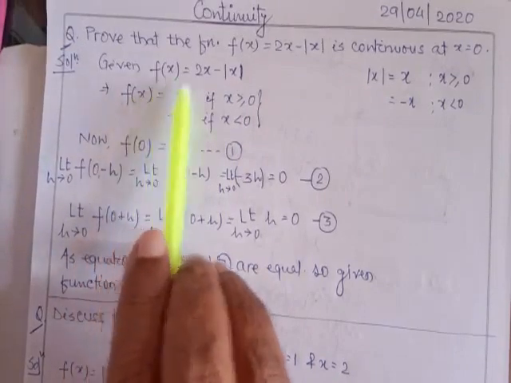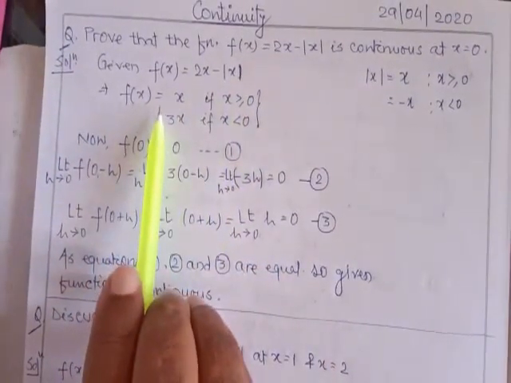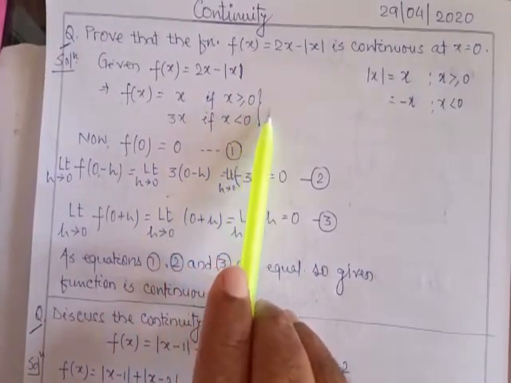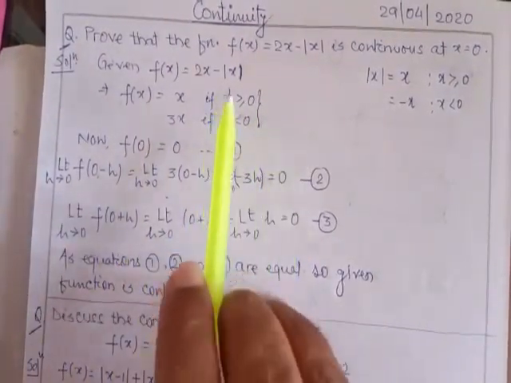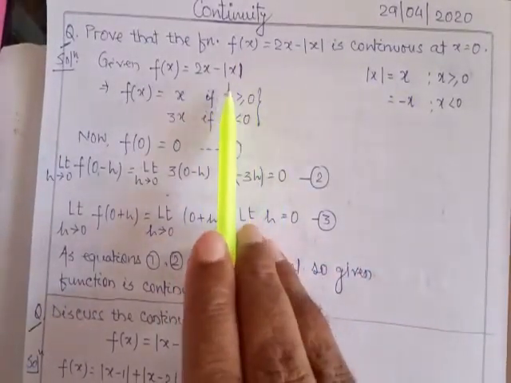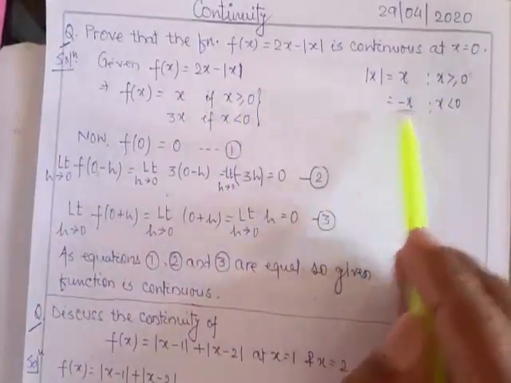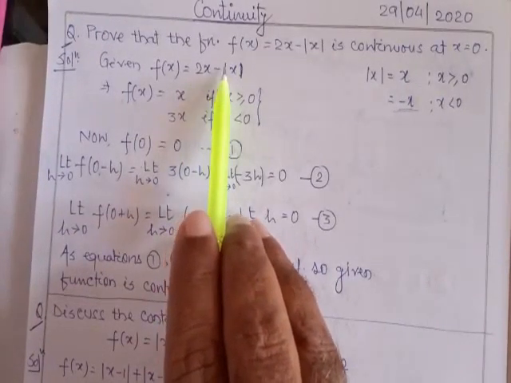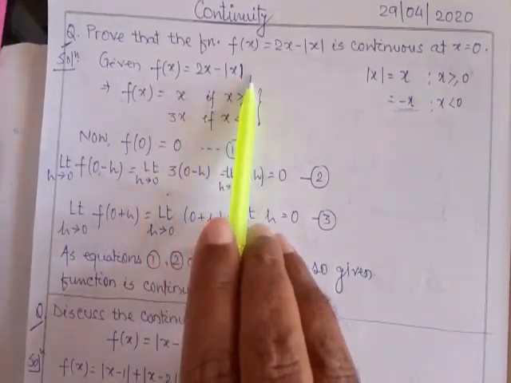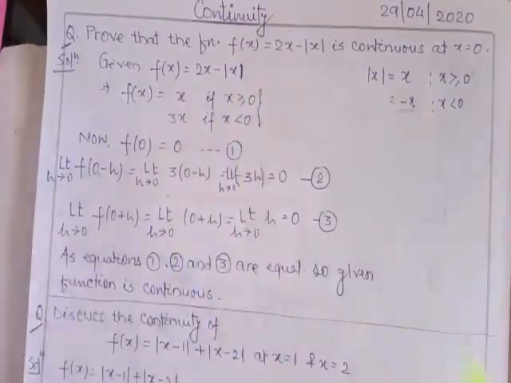So the given function can be written as f(x) = x if x is greater than or equal to 0. And when x is negative, |x| is −x, so minus (−x) becomes plus x. So 2x + x, that is 3x.